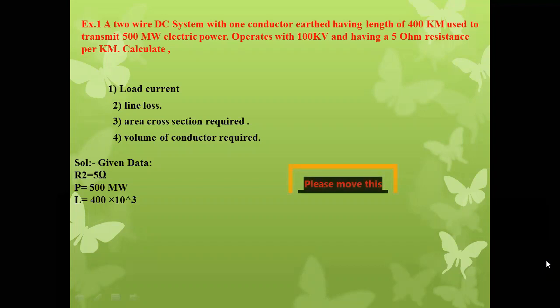Vm is already given in the numerical, that is 100 kilovolt. Kilovolt is converted into volt, it should be multiplied with 10 to the power of 3. 100 into 10 to the power of 3, whole square. So find out the area cross section required.